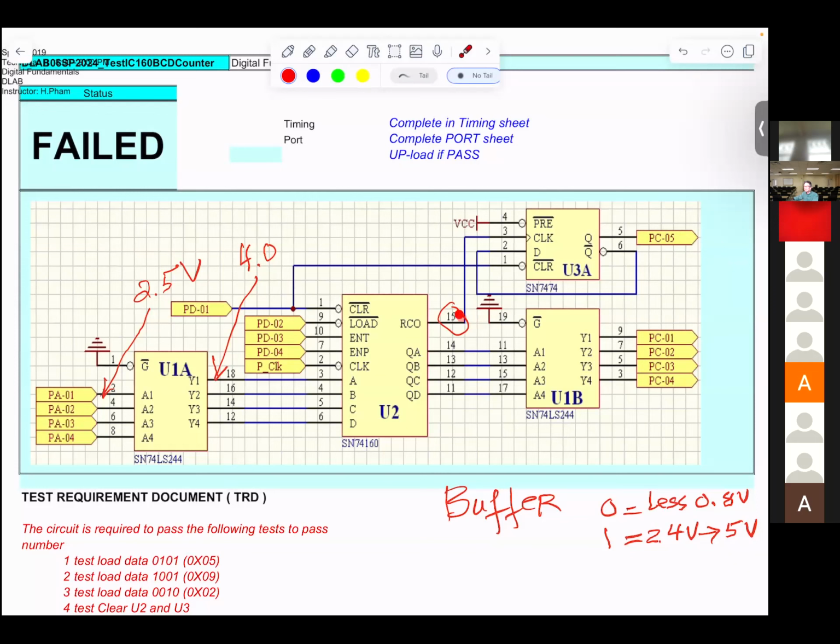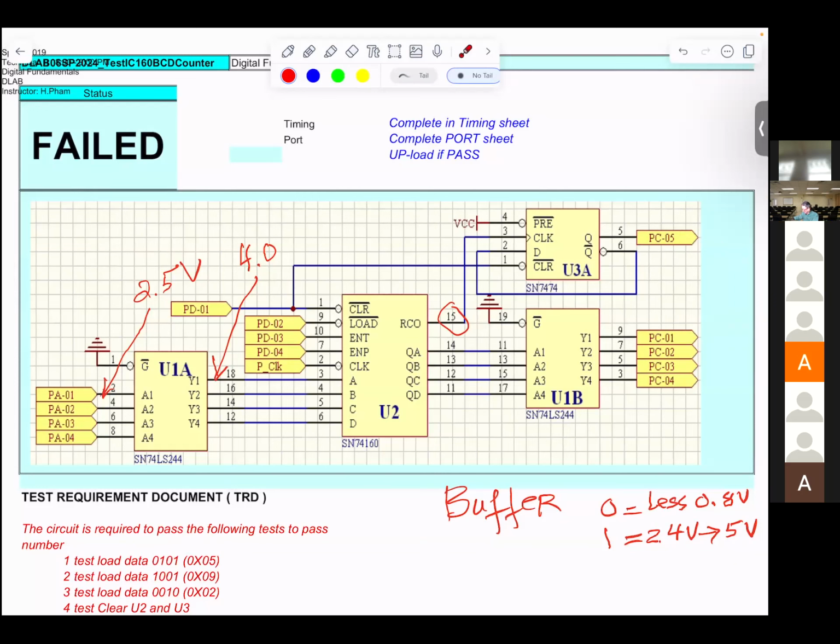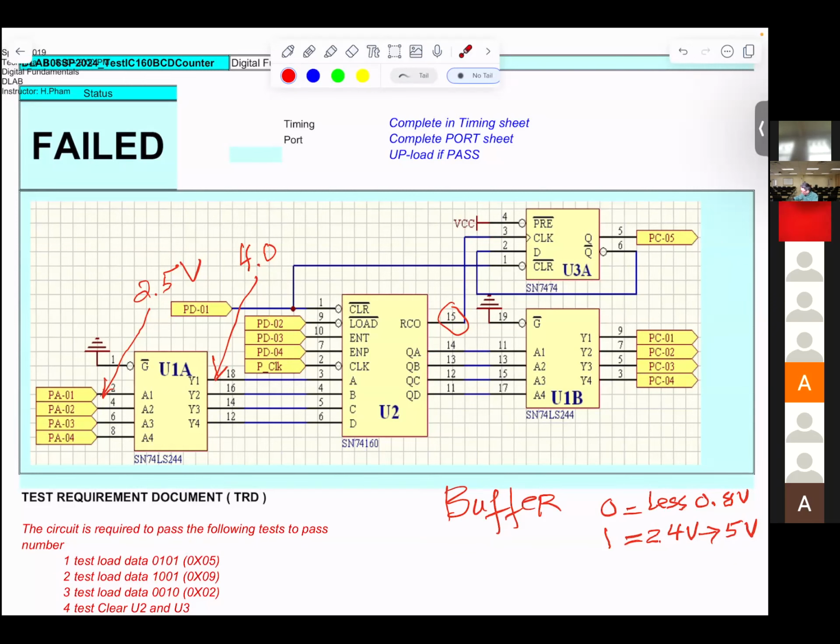However, this is an automatic test. We don't want to use an oscilloscope or meter to make sure that it goes to logic 1. That's why we added that one.